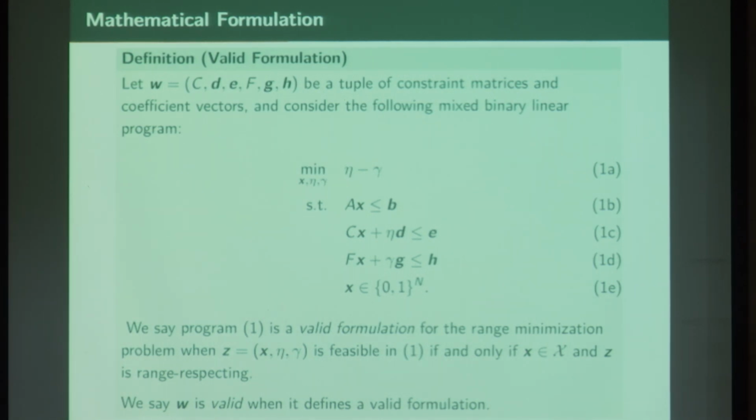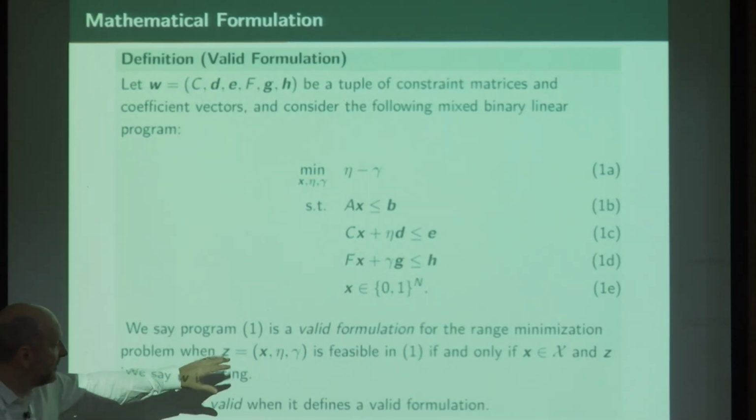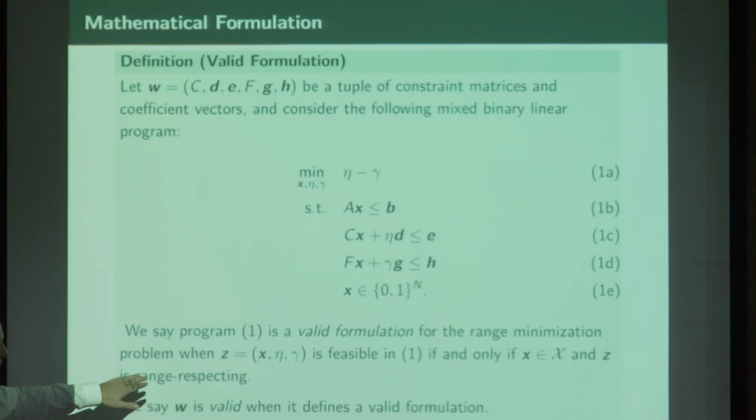I'm not saying that this is the only way of writing formulations for those problems, but it's a very natural formulation that everybody comes up with when you want to move from the classical efficiency perspective towards the fairness point of view.